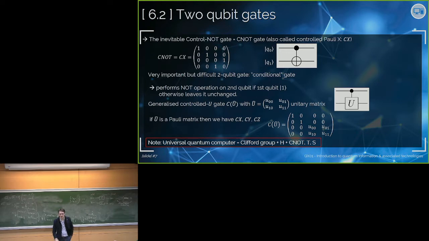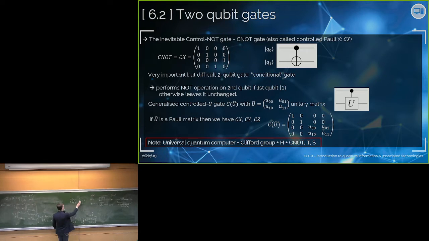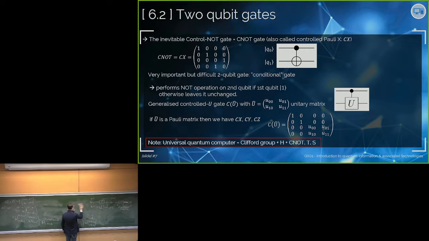It's a 2 qubit gate, so you need 4 components. It's an extremely important gate, and we'll see why. But unfortunately, it's also a gate that is not so easy to obtain experimentally, because you need a 2-qubit interaction for that, which physically is not an easy thing to do.